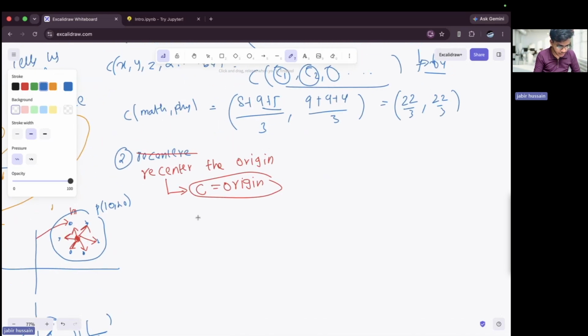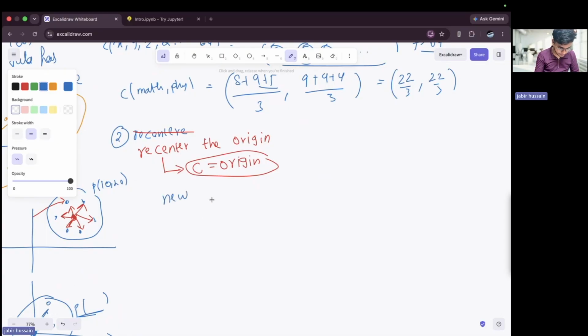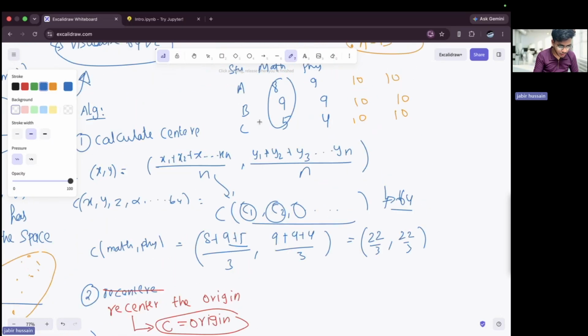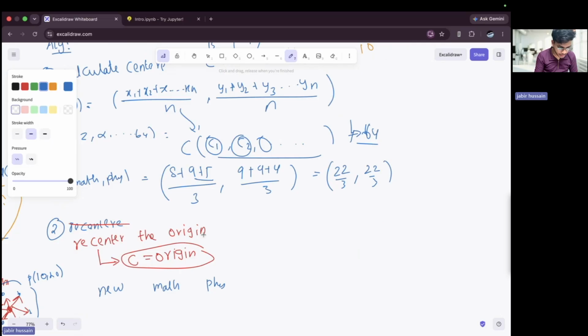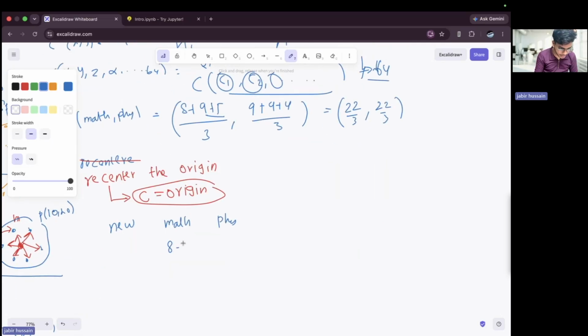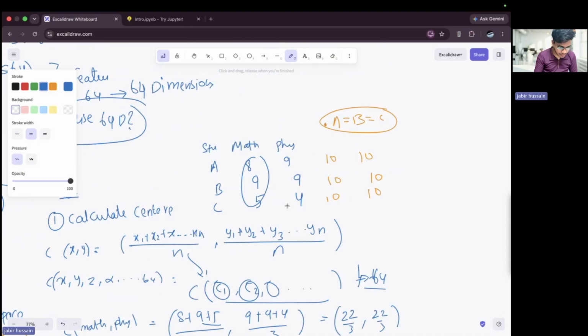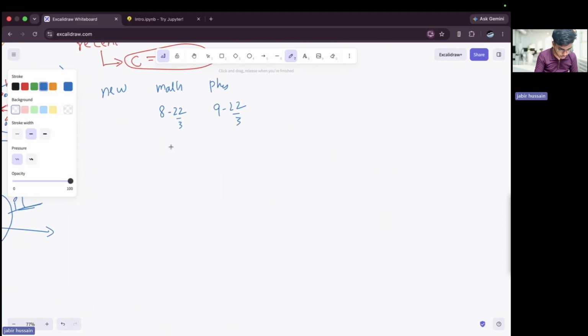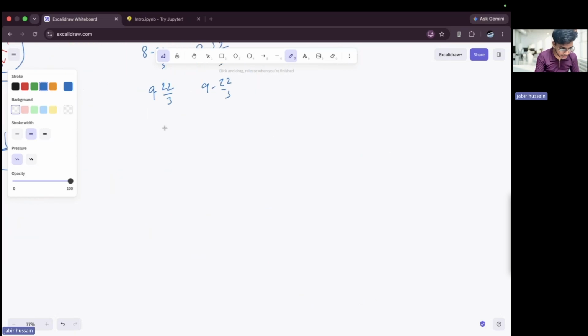So here we will subtract, our new points would be math, comma physics. We take all the points, 8 comma 9, right? So 8 minus 22 divided by 3, 9 minus 22 divided by 3. Similarly, 9 minus 22 divided by 3, 9 minus 22 divided by 3. And 5 minus 22 divided by 3, 4 minus 22 divided by 3.